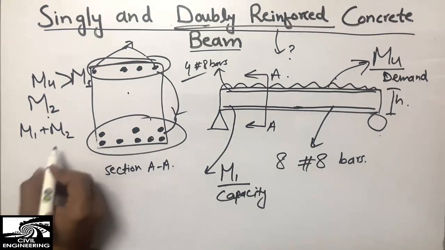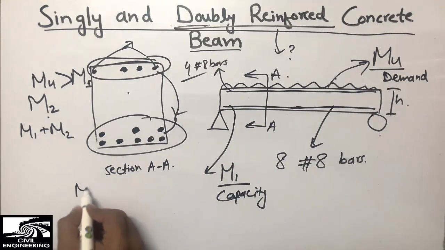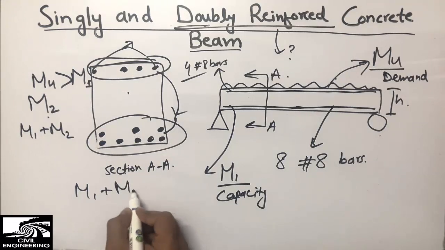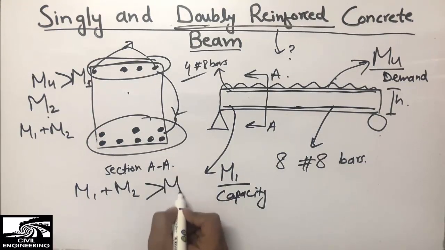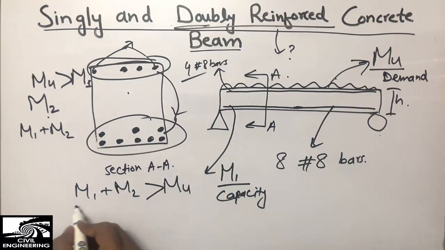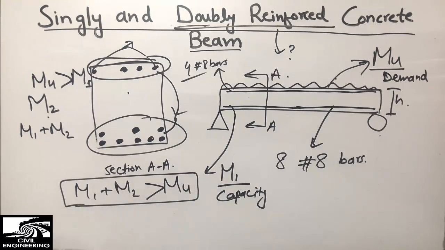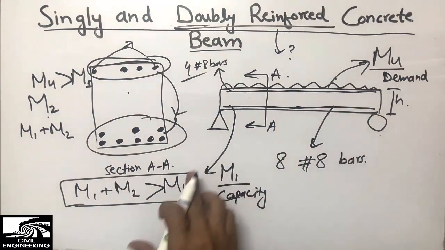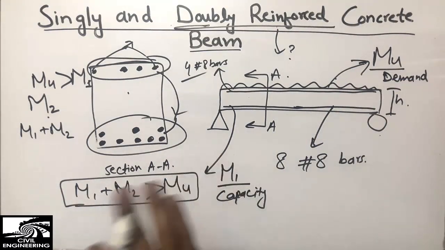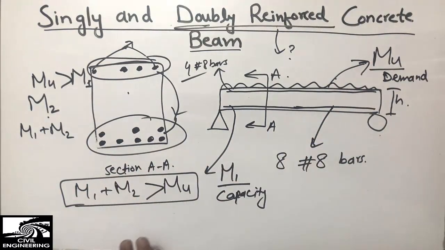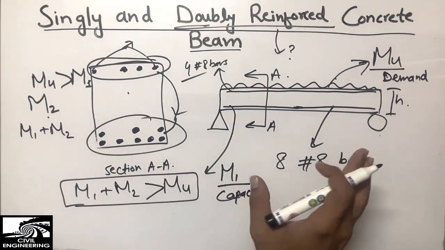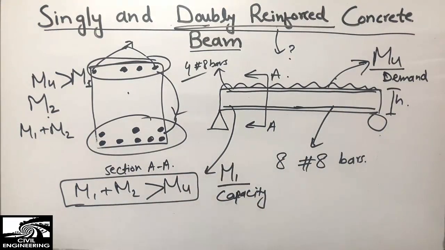Now this M1 plus M2 should be greater than MU. If this is greater, it's okay. Your beam is now going to support this demand, and it will be fine to resist this demand, and there will be no destruction in the beam or in the structure you design.